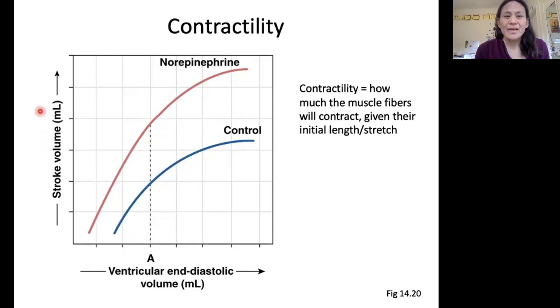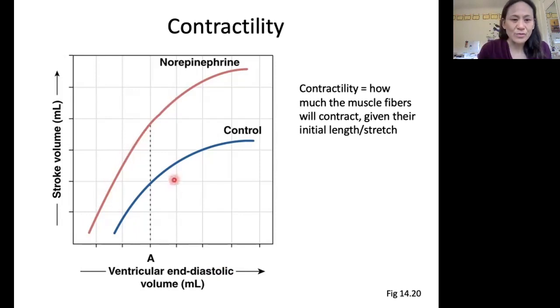However, if you add norepinephrine to the heart, like bathed in norepinephrine, the relationship is going to change, right? So you get this curve right here. You still have that relationship where you have a higher stroke volume for a higher end diastolic volume, but you can see that the actual values are different. So this has a steeper slope here.